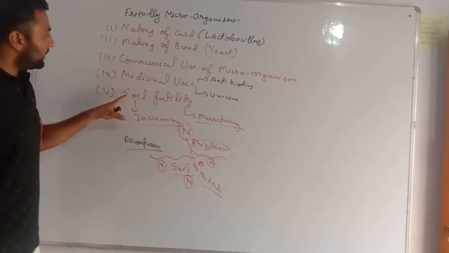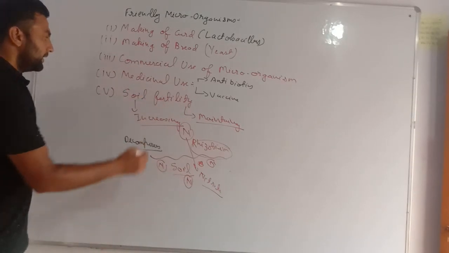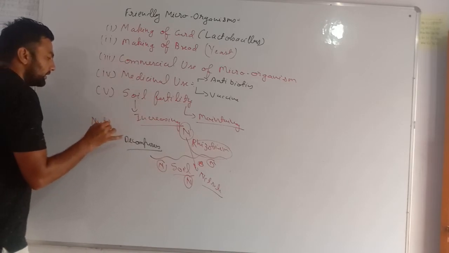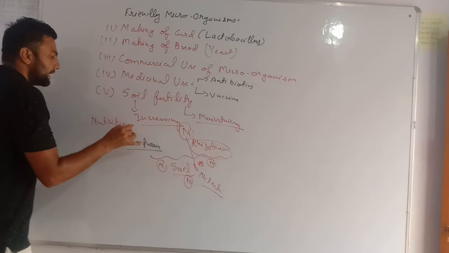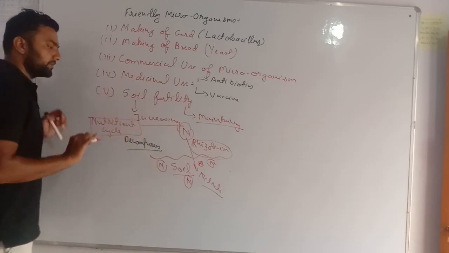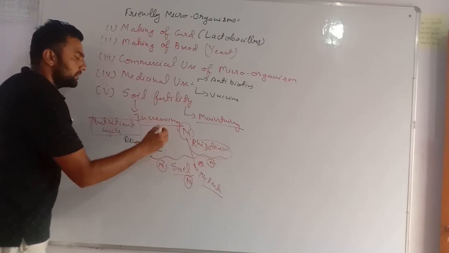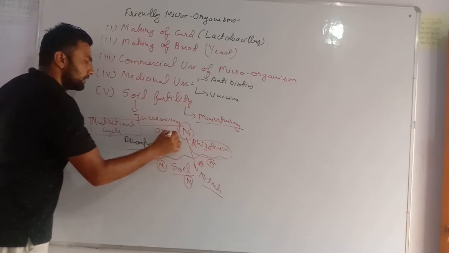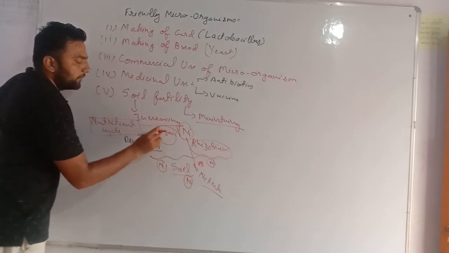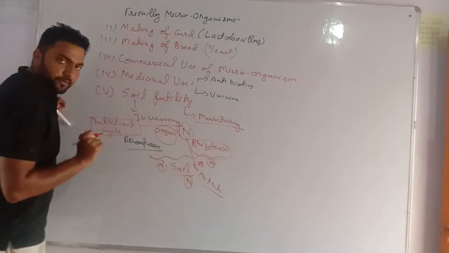More important is that along with soil fertility, microorganisms are very important to maintain the nutrient cycle. What is the nutrient cycle? Microorganisms always decompose organic material, that is living things, and put these nutrients back into the soil.